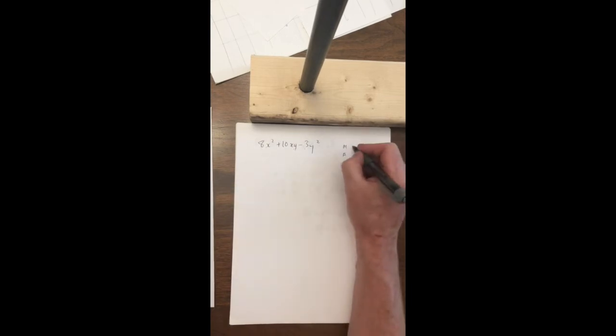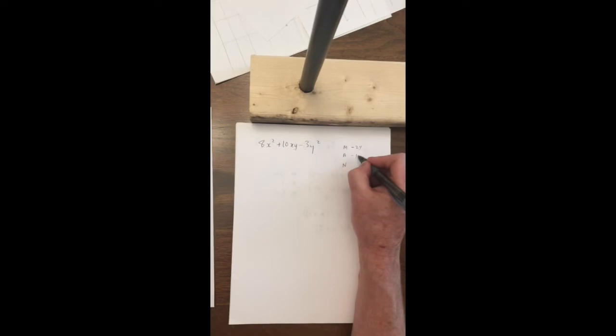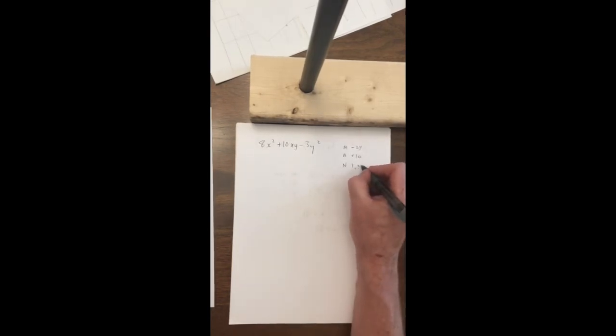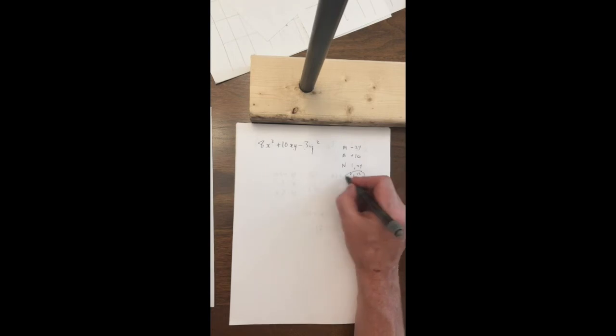8 times negative 3, our two numbers have to equal negative 24 when multiplied together. They have to equal 10 when added together. So we have 1 and 24, 2 and 12, 3 and 8, 4 and 6 as possibilities. Like a previous question, we have 2 different possibilities.